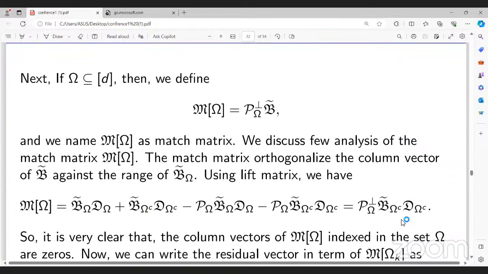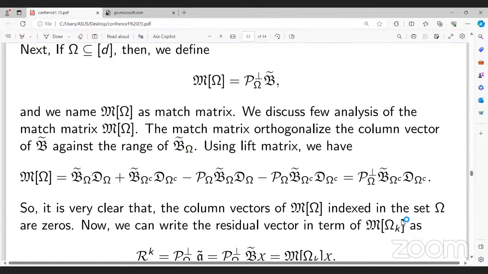So if Ω is a subset of [d], then we define the match matrix as M_Ω. This is P_Ω^⊥ B tilde.